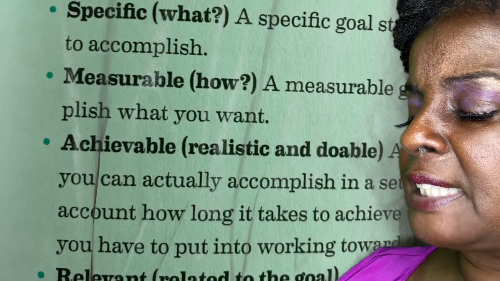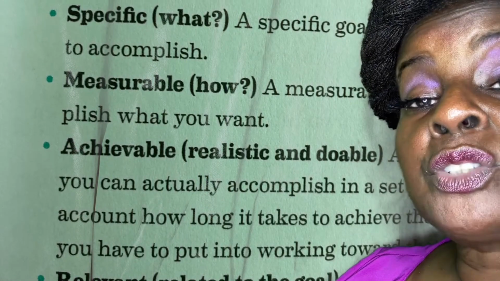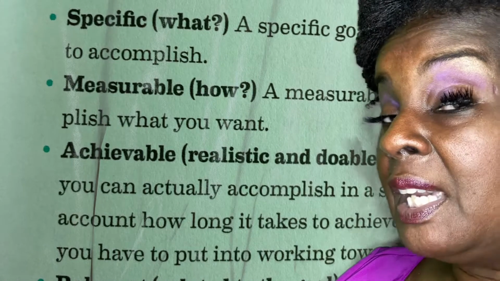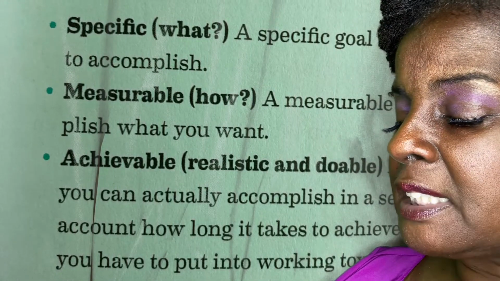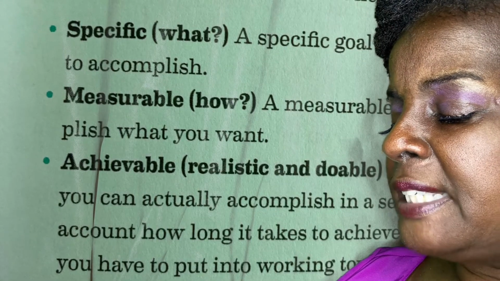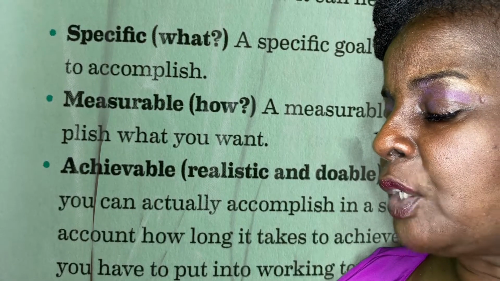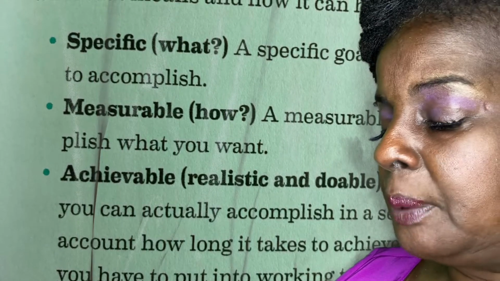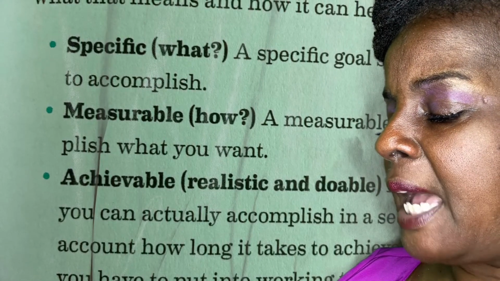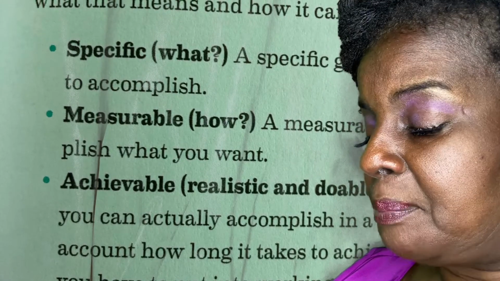Let's look at an example. Say that I want to learn Italian, and many of us are learning Spanish at Rayfield with Mr. Frank. A SMART way to phrase this goal might be, my goal is to download the Babbel app and practice Italian for 10 minutes 3 times a week for the next month.